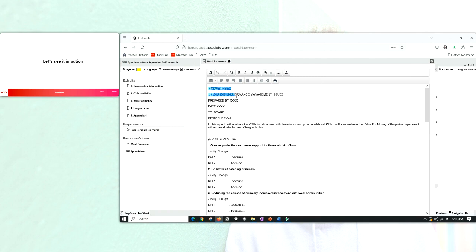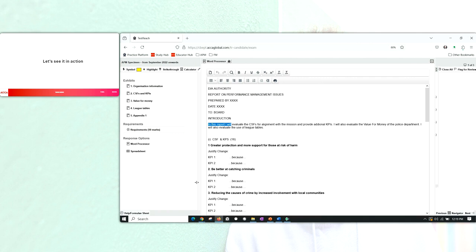Now, this is another idiosyncrasy from APM. You always do a report and you get professional marks for making the report look like a report. If you give report headers, if you give an introduction, if you structure your answer, if you group your ideas together, if you answer the question that is asked, if you avoid drifting into long definitions, you're going to start scooping up the communication skills marks.